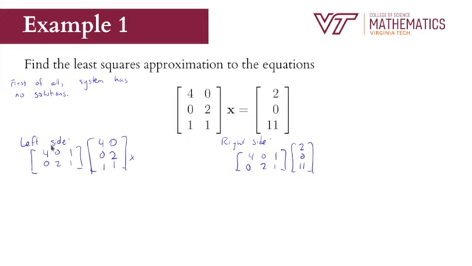To solve the left side, we apply the column row rule. So we're going to pair up [4 0] the column with [4 0] the row, [0 2] the column and [0 2] the row, and [1 1] the column and [1 1] the row.